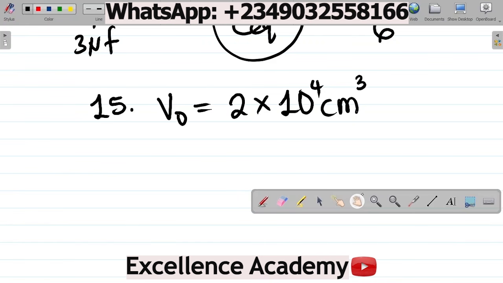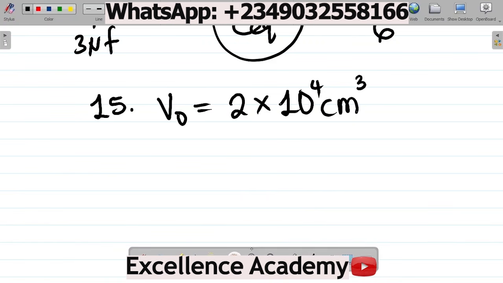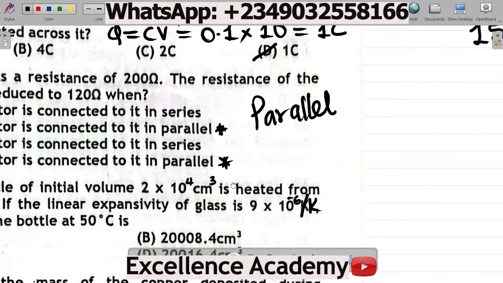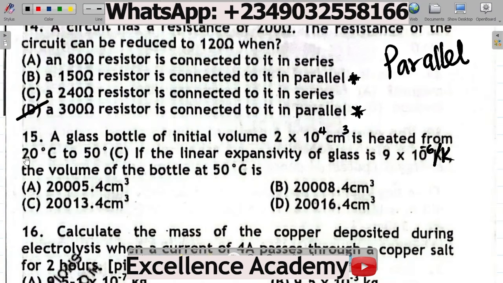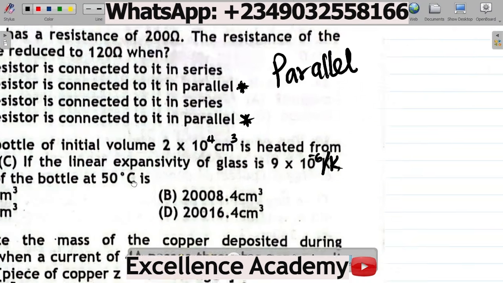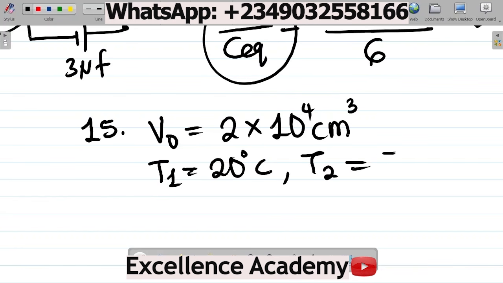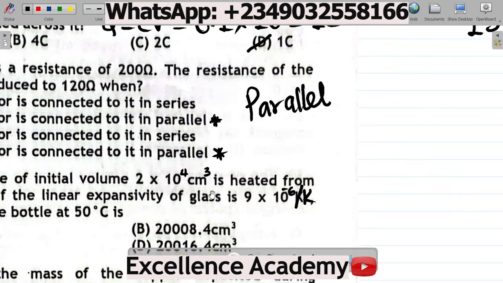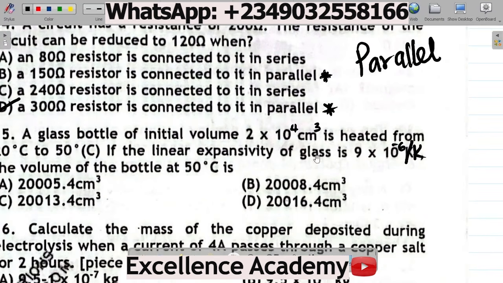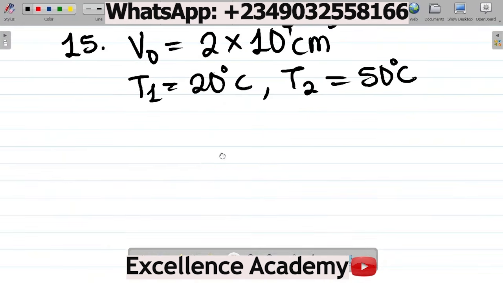What next? The next thing to observe here, they said it's heated from 20 degrees Celsius to 50 degrees Celsius. That means the initial temperature, T1, is 20 degrees Celsius, and T2, the final temperature, is 50 degrees Celsius. Next up, they said the linear expansivity of glass is 9 times 10 to the power minus 6.